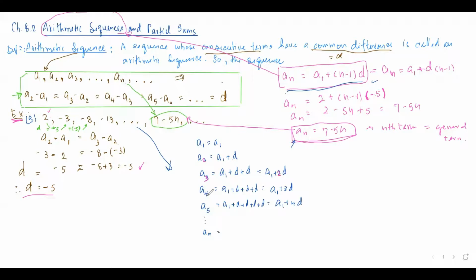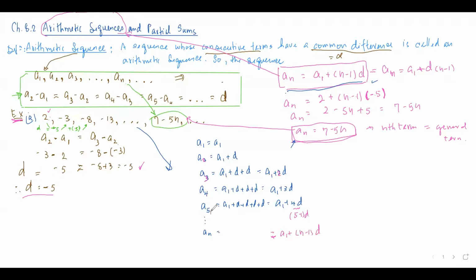And then 4 becomes 3D, and 5 becomes 4D. So that means an, like a5, is 5 minus 1, we get 4D. So if we go up to the n term, this should be A1 plus n minus 1 times D.